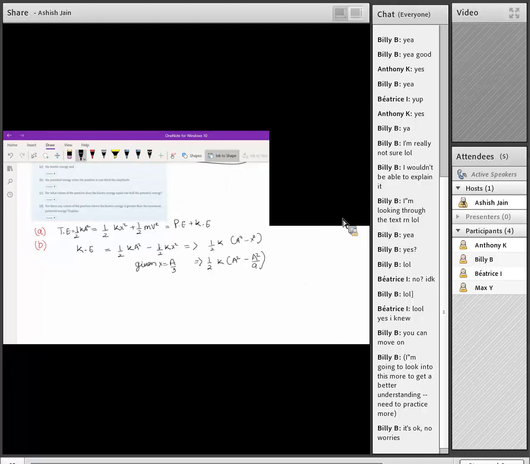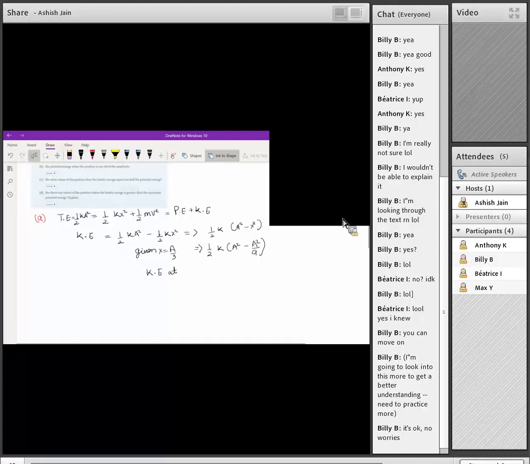So KE at x equals a by 3 is half k a square by 9, that is total energy into 8 by 9.